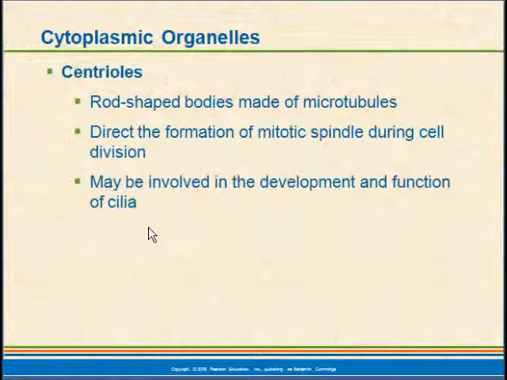That cell divided into two, that cell divided into four, and so forth, until we ended up with the trillions of cells that make up our bodies. And these microtubules are necessary for that process to occur. We have a discussion about mitosis in a separate presentation, and we'll talk a little bit more about that activity at that time.